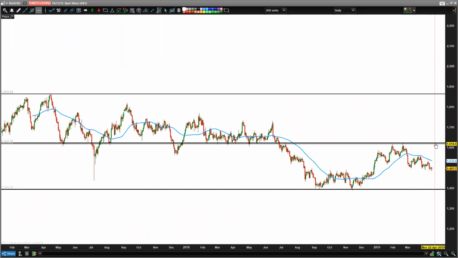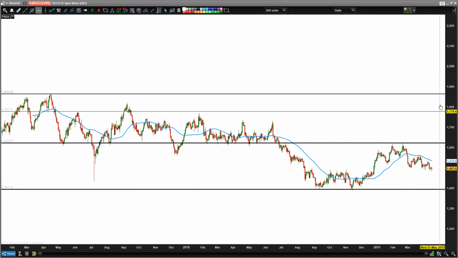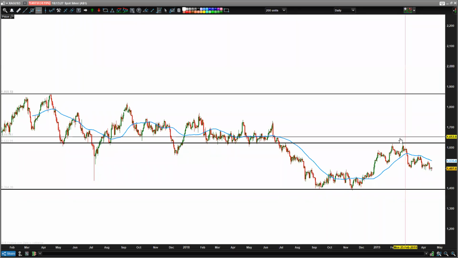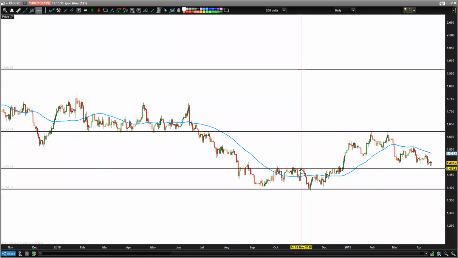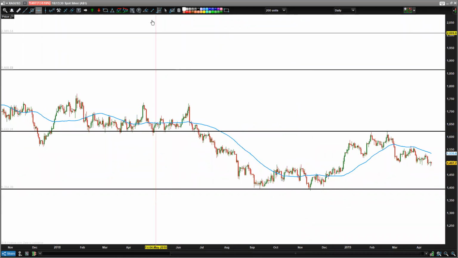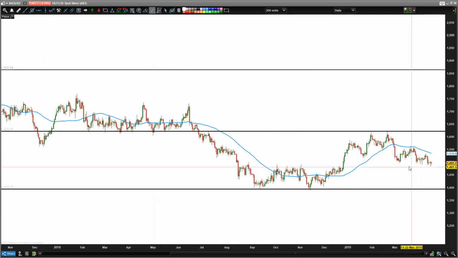So if we get back to this price up here and we break through it, we could at some stage, either this year or next, get up to that price there. Now, there's no given in the markets. There's no certainties in the markets, as there is no certainties in anything else.